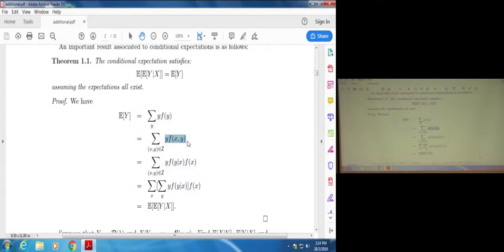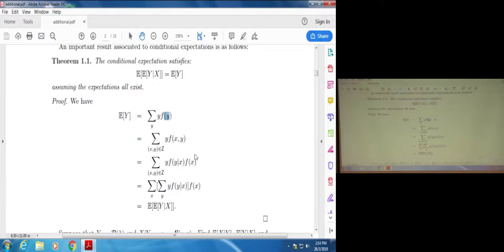Because by definition, f of y is the sum over all x's of f of x, y. So we're just making the substitution that this marginal is just equal to the joint summed over all x's.